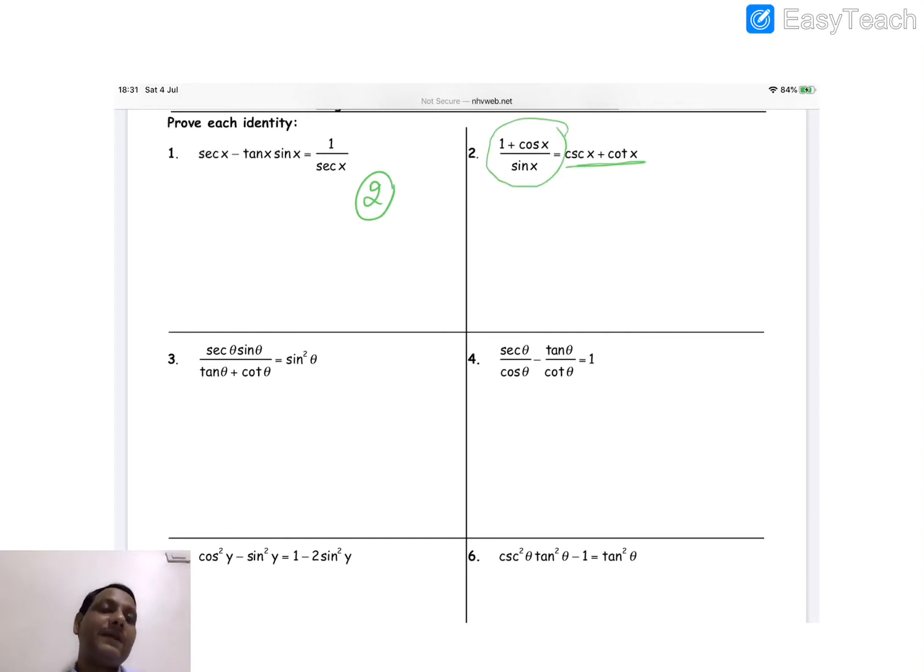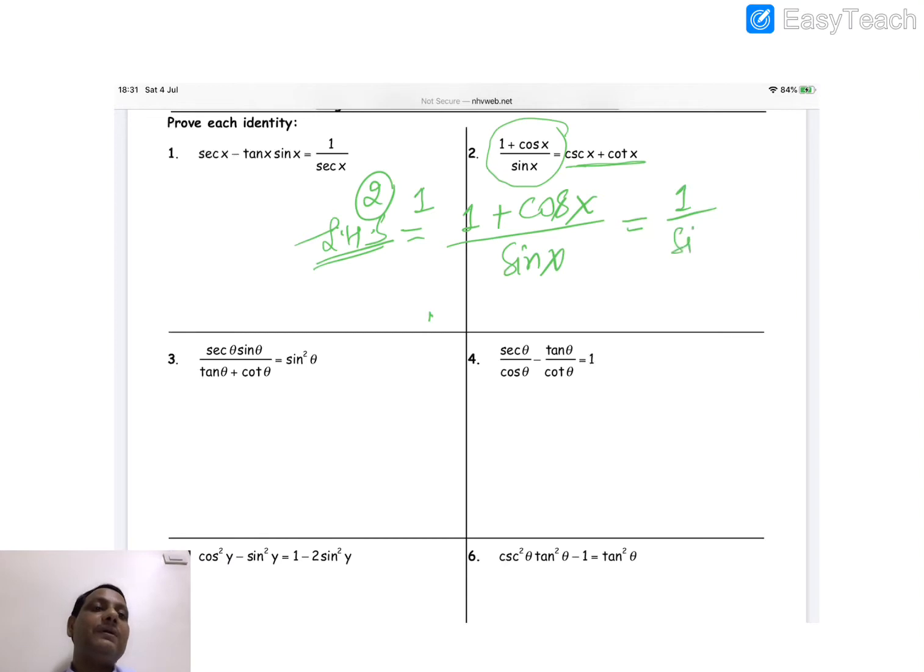So for the left hand side, you can write 1 plus cos x over sin x. So we can write 1 over sin x plus cos x over sin x.